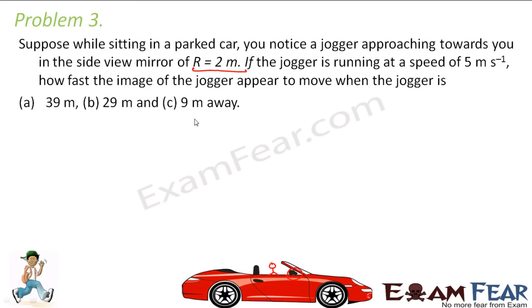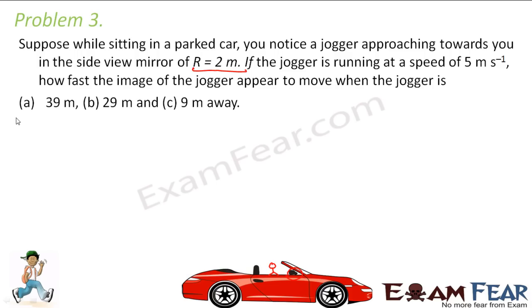So as he is coming nearer, the image on the convex mirror is also changing. When the object is moving, the image is also moving, right? So how fast is that change? That we have to calculate here.